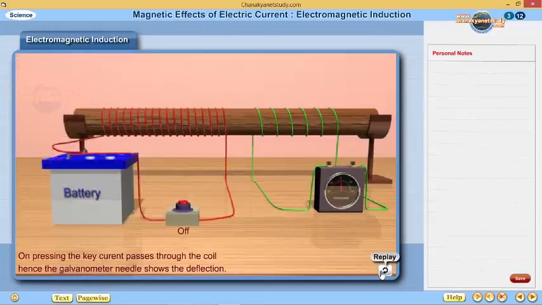Coil 1 is a primary coil and coil 2 is a secondary coil. As the current in the first coil changes, the magnetic field associated with it also changes. The process by which a changing magnetic field in a conductor induces a current in another conductor is called electromagnetic induction.